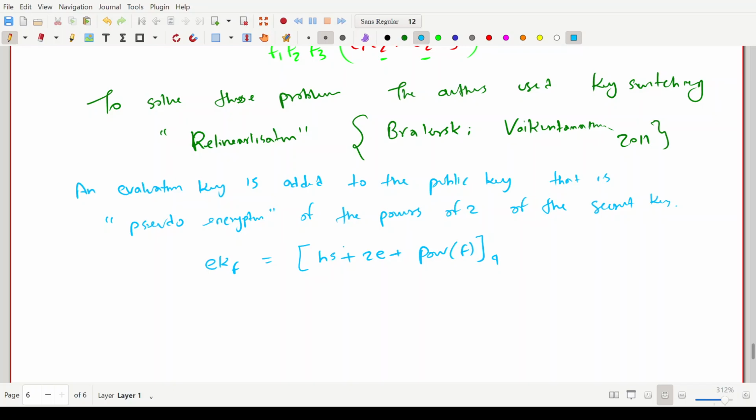This is not the real encryption because we have defined decryption only for a binary message, correct? So this is not binary, so it is called pseudo encryption of that.